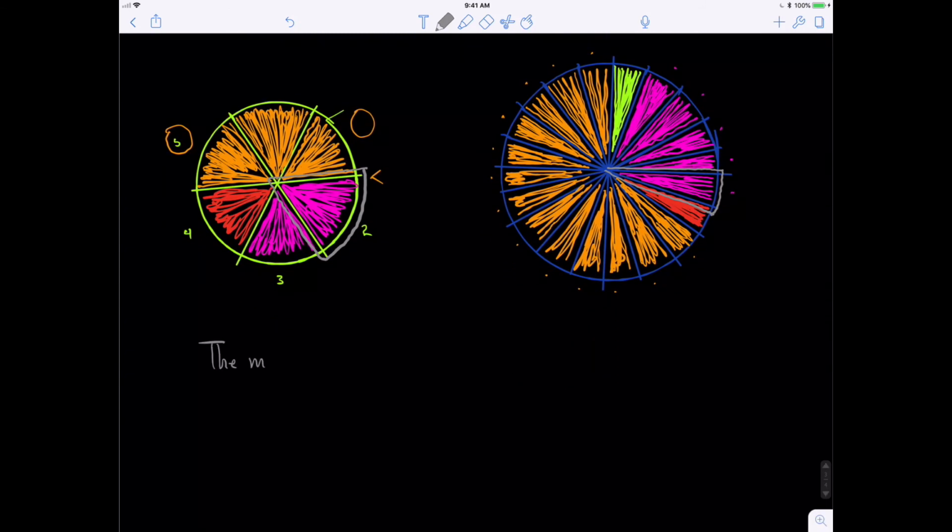So the point of this is this. The more pieces in a pie, the smaller the size of the piece. In other words, notice that there's 6 pieces in our one, so the denominator will be 6.